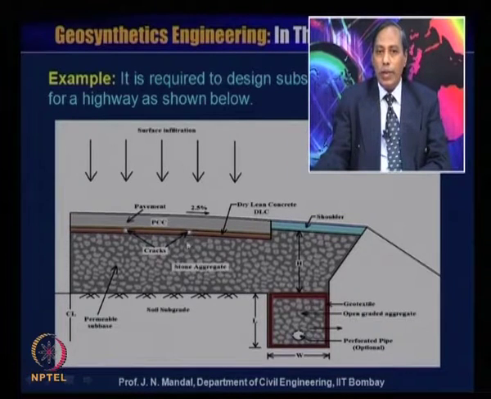When there is a formation of cracks, water could pass through this dry lean concrete to the aggregate and then to the trench here. So, if you do not provide geosynthetic material, then it will be clogged. That is why we provide the geotextile material to form the trench, and it will act as a very good subsurface shoulder drain for the highway.